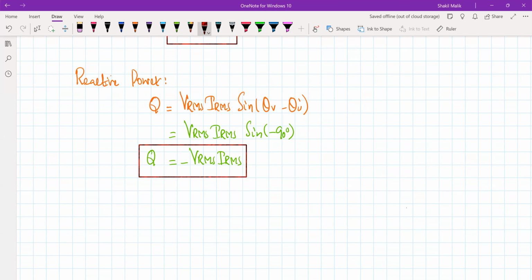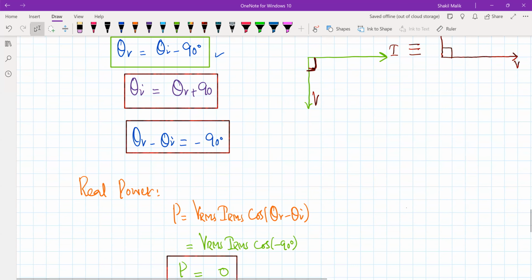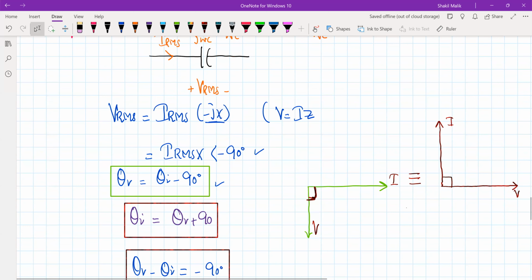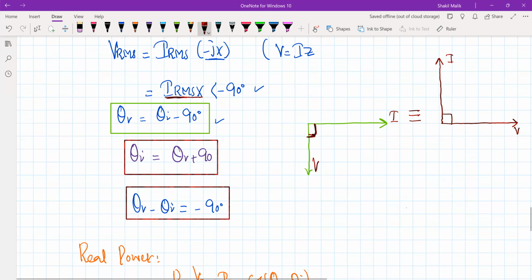If you have to identify which load it is, and the Q comes out to be negative, you can say it is a capacitor load. Now, if we substitute the value of Vrms, Irms from this expression, only the magnitude, I'm talking about the magnitude, Vrms is equal to Irms times X.